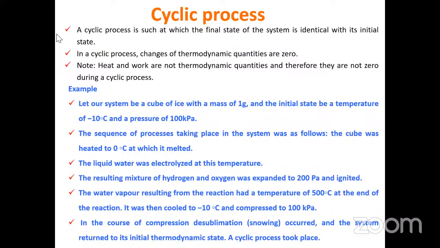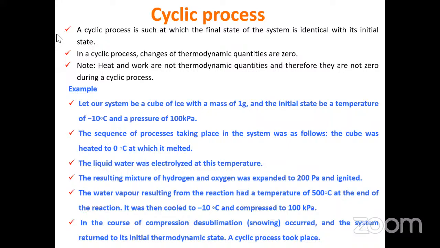The sequence of processes taking place in the system was as follows. I want to take you through the process now to see how it is cyclic. The cube was heated to 0 degrees centigrade. At that stage, it melted. From being a cube, it melted.